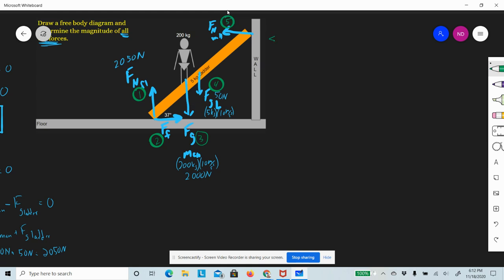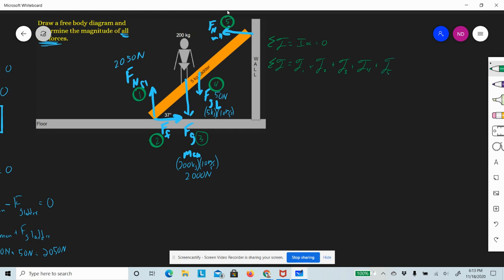So if you were to go sum of the torques equals 0 because it's in equilibrium, the sum of the torques is the torque of force 1 plus the torque of force 2 plus the torque of force 3, the torque from 4 and the torque of 5.